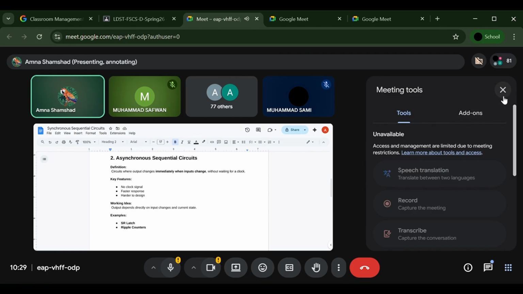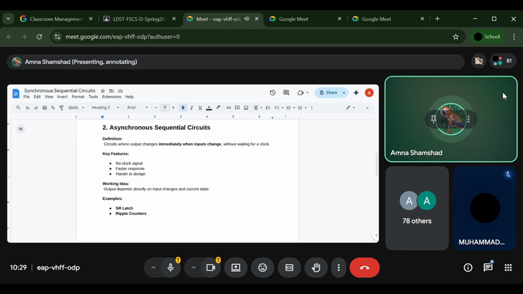The examples for asynchronous sequential circuits are latches, which we have already discussed in class. Latches are basically level triggered. Level triggered means they will not be affected by the rising and falling, by the occurrence or change of clock.